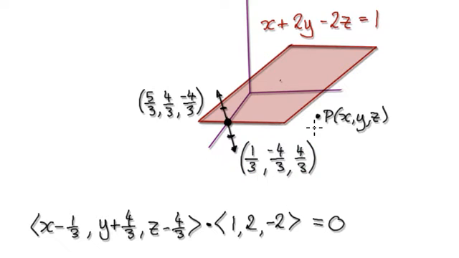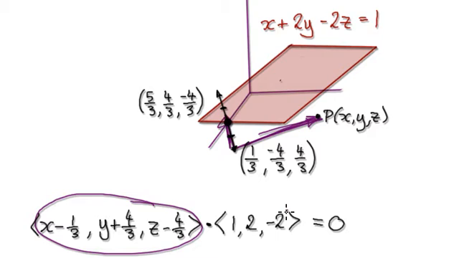So now we would set up a general point x, y, and z, and then demand that this vector here be orthogonal to our normal vector. So this vector here is given by this, and our normal vector is given by this. We demand that this vector be orthogonal to this vector.